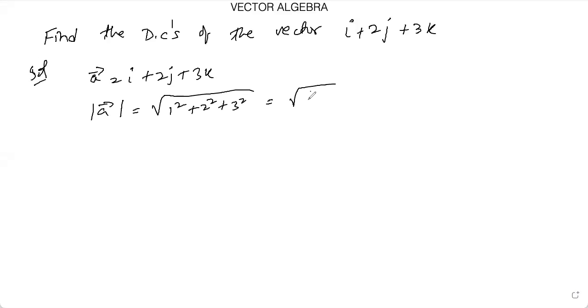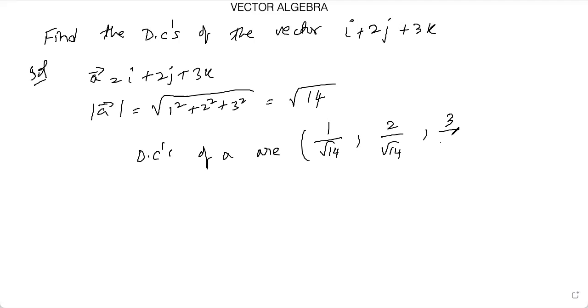And the direction cosines of A are 1 by root 14, 2 by root 14 and 3 by root 14. These are the direction cosines.